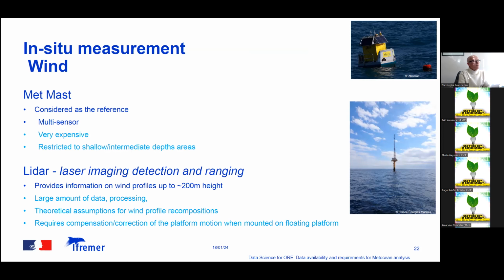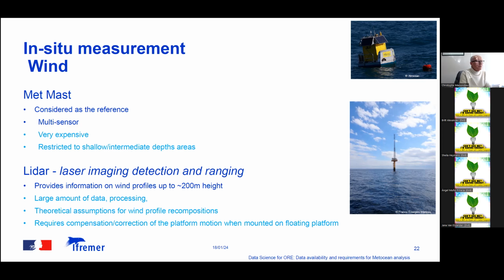These masts were equipped with a large number of sensors, mainly anemometers, but different kinds, also different kinds of radars or other sensors. They are still considered the reference at the moment. There are a couple of drawbacks. They are very expensive, and their use is restricted to shallow to intermediate water depth areas.